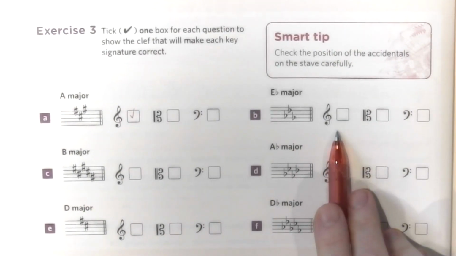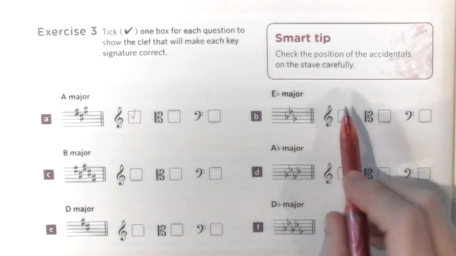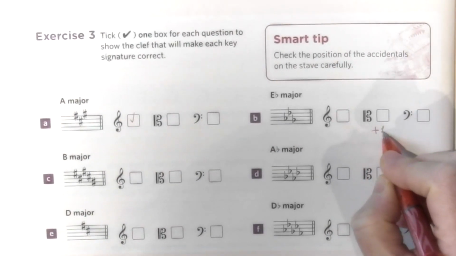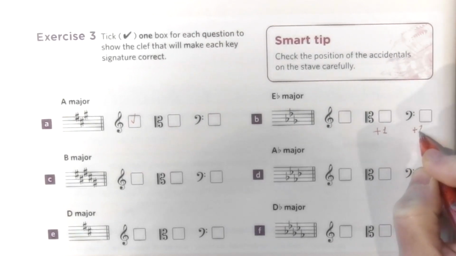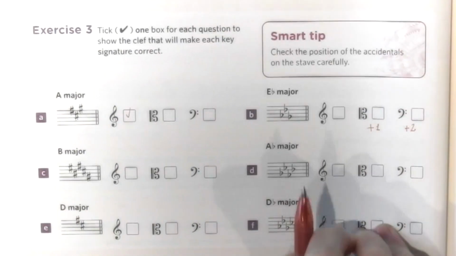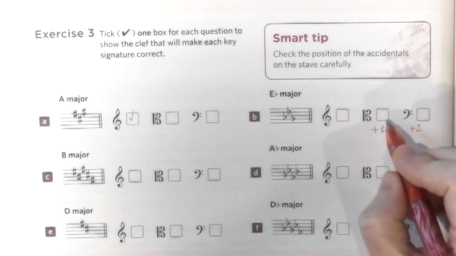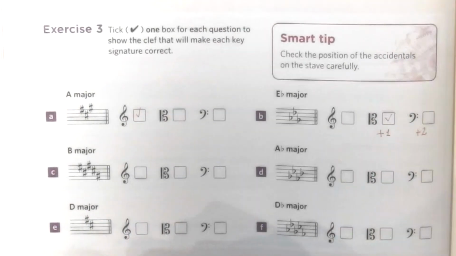To revise the notes in the different clefs, by the way, please watch my videos 1, in particular 1B, 1C and 1D. Anyway, the treble clef is 0, the alto clef is +1, and the bass clef is +2. So this note +1 would be B. So it's the alto clef. Let's carry on.